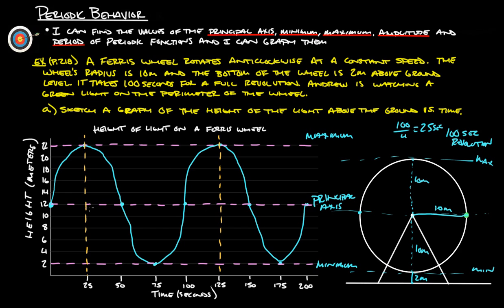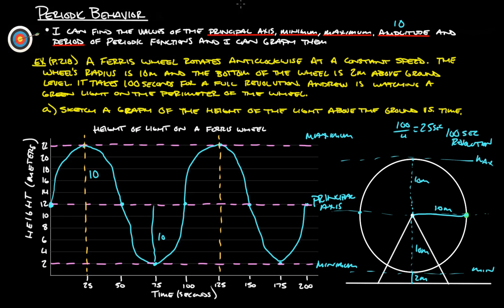The amplitude is how far up it goes from the middle or how far down it goes from the middle. It's the exact same piece. So let's say from right here to right there, this distance is 10. That means on this one, our amplitude is 10. So it goes up 10 from the middle, and it also goes down 10 from the middle. That's our amplitude.